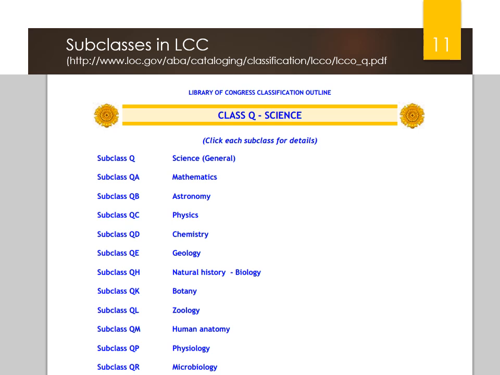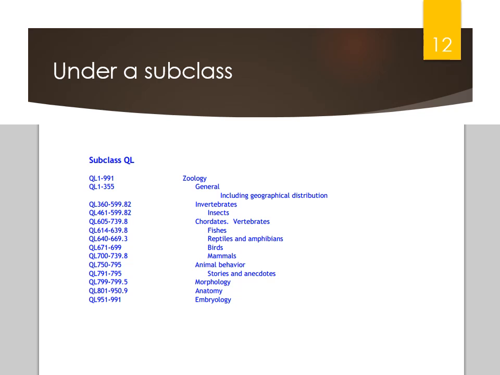Let's look at the zoology subclass QL, which is the next page. Then it provides the structure of zoology. Okay, so it's on the same page. You can just scroll down.